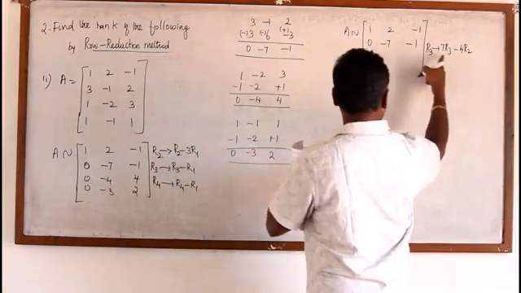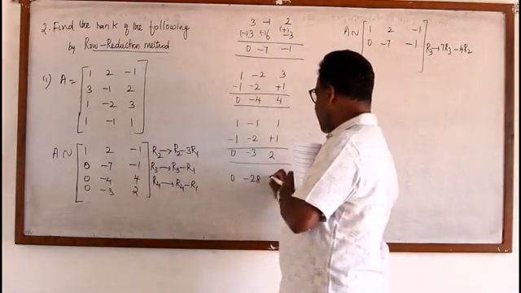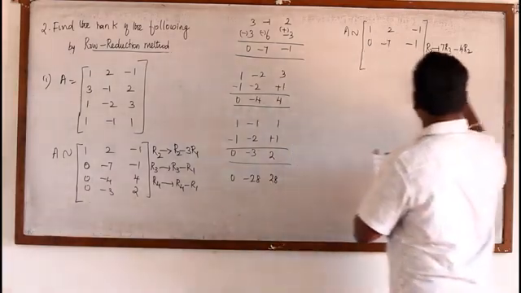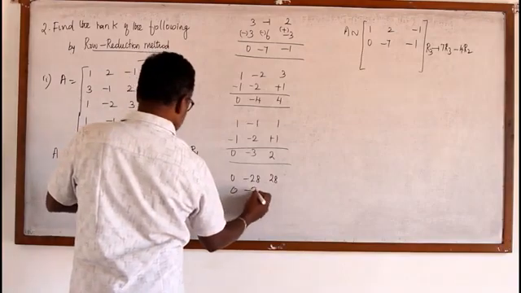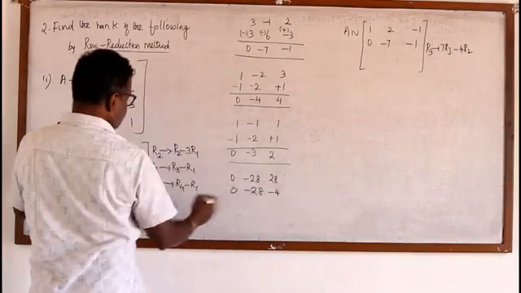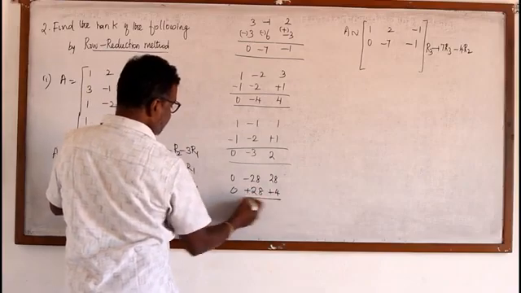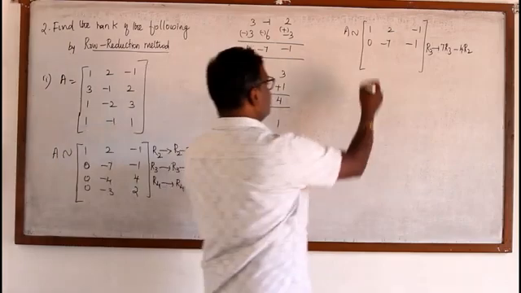So I am multiplying R3 by 7: 0, minus 28, 28. Now multiply R2 by 4: 0, minus 28, minus 4. Change the sign because we are subtracting. So this becomes 0, 0, 32.